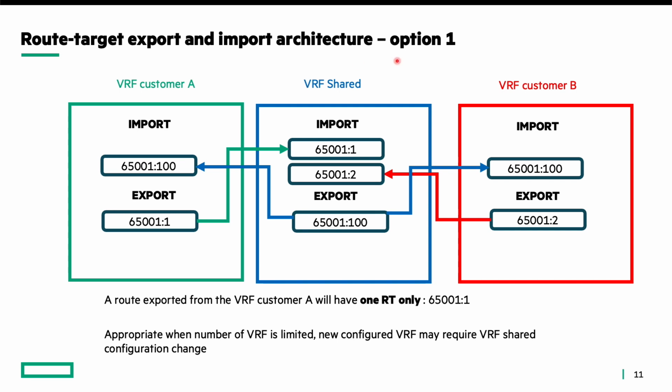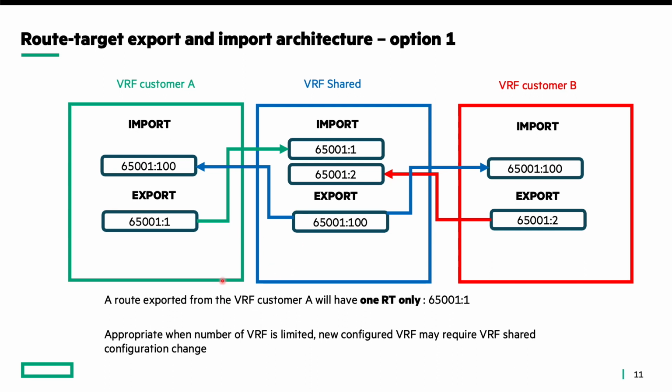Let's say customer A and customer B need to advertise routes to the shared VRF, to get connectivity to resources in the shared VRF. So we identify customer A with :1, customer B with :2, and the shared VRF will import all the different route targets from customer A and customer B.